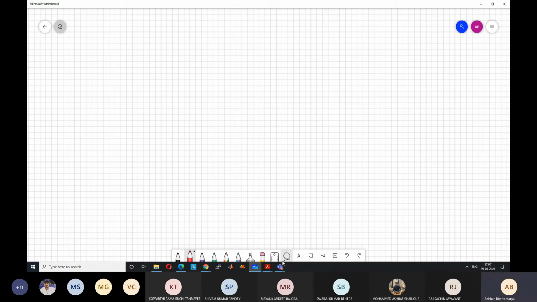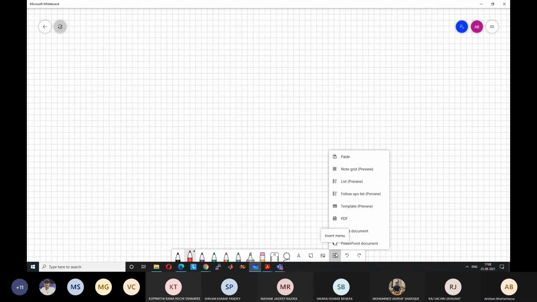Let me see whether... Are there geometrical figures here? Has anyone used this Microsoft Whiteboard?